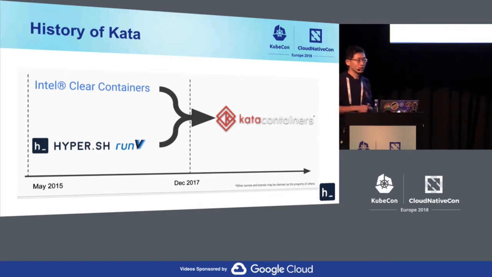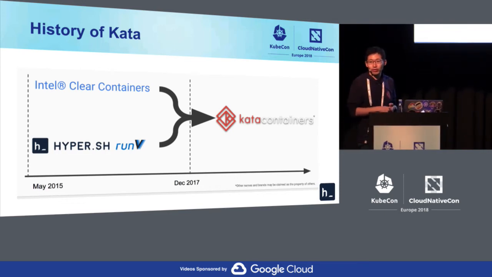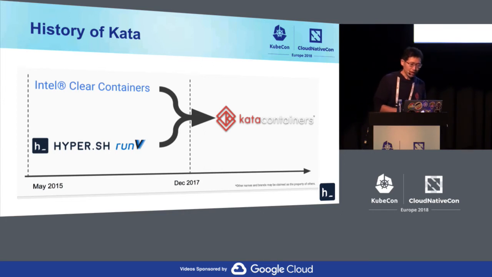Both projects worked on a virtualization-based container runtime and tried to provide a container with VM-level isolation. The two projects merged into Kata Containers, and we have worked in the past months and try to release 1.0 this month, I think.